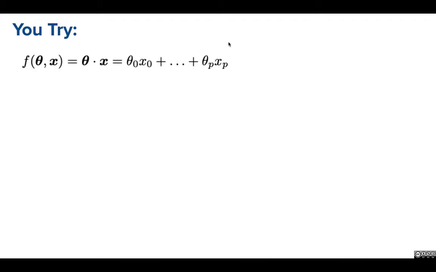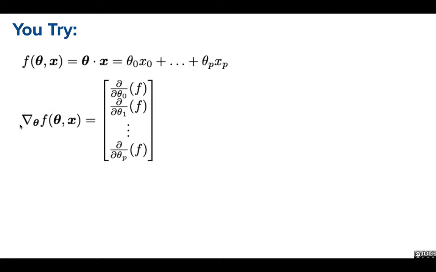Now that we have our function in this form, we can take some partial derivatives. The partial derivative with respect to theta 0 is x0. I'll write down that the gradient of f is a vector with all the partial derivatives.